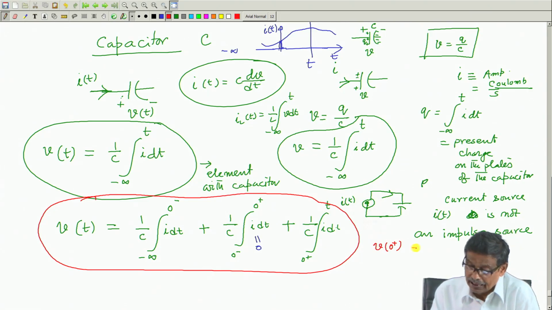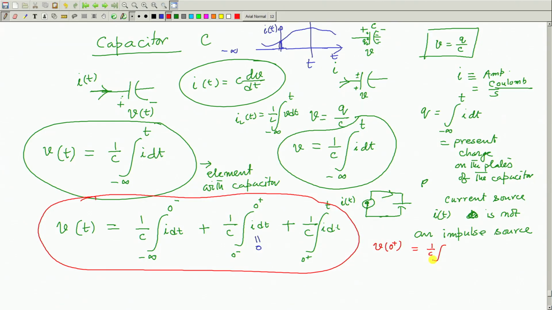So, this will have only these two pieces, 1 by C minus infinity to 0 minus i dt plus 1 by C 0 minus to 0 plus i dt. Is not t equal to 0 plus? So, this term will vanish. I have reached 0 plus, I will stop here.